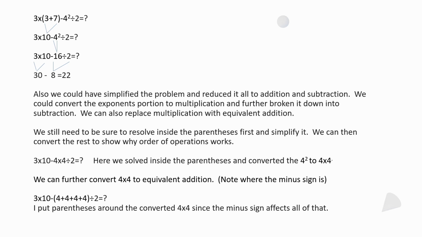And then you could further break that 4 times 4 down into addition. I said subtraction here because we have to keep in mind we got that minus sign out to the left, right? So you can reduce 4 times 4 to 4 plus 4 plus 4 plus 4. So you see what we're doing. We're going from exponents, replacing it with equivalent multiplication, then replacing it with equivalent addition.